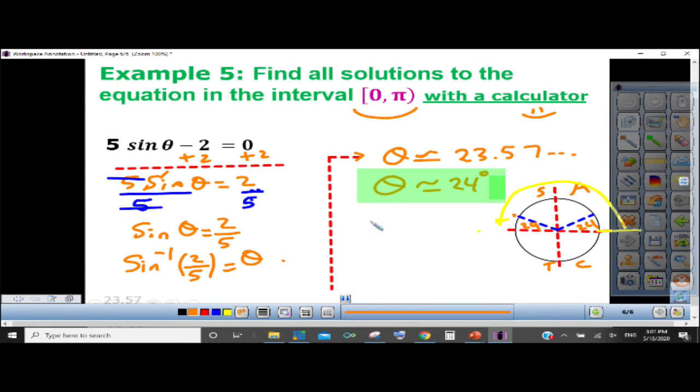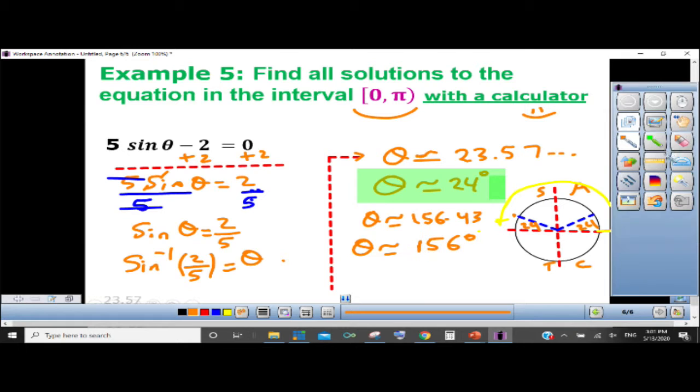So this angle theta is also 156.43. Perhaps theta is 156 as well.